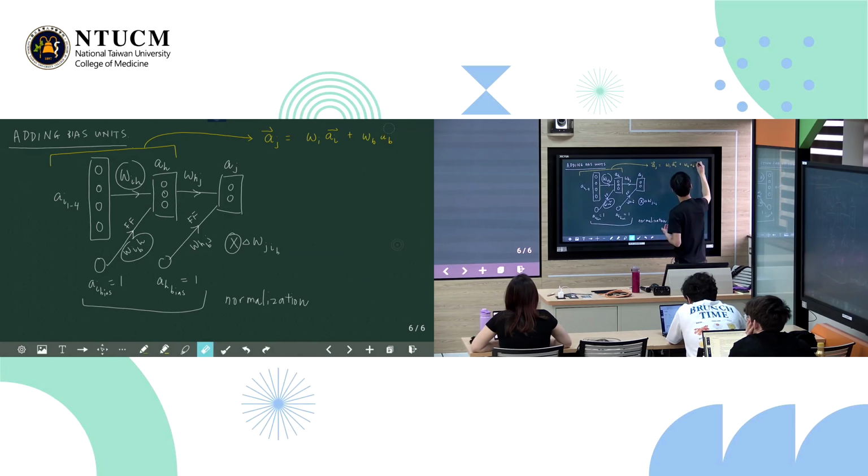It is just AB times its weight, right? So AJ.